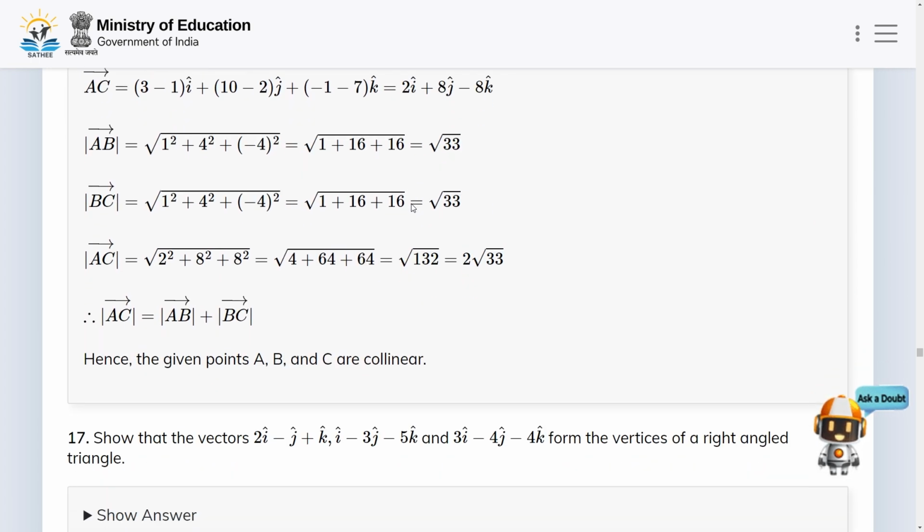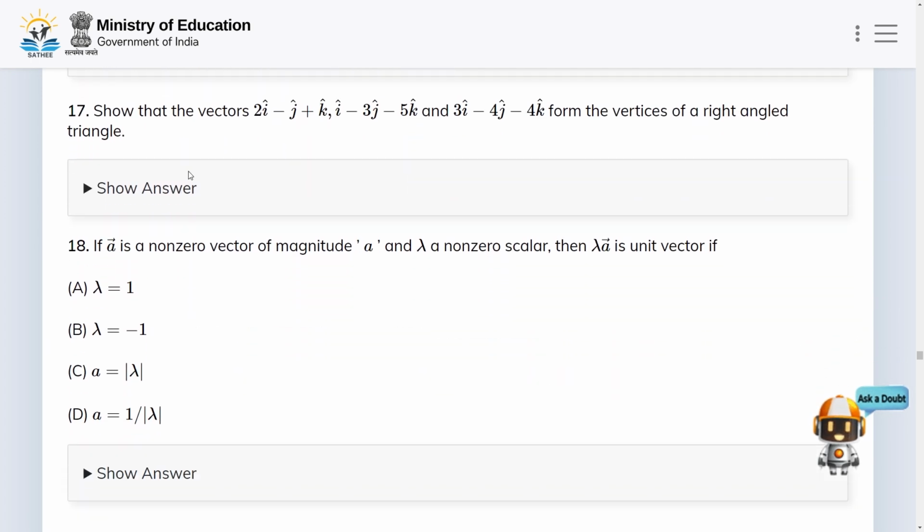So they are collinear. Okay, now show that the given 3 vectors form the vertices of a right angle triangle. So in order to form right angle triangle vertices, okay, what do you have to show? Very easy.